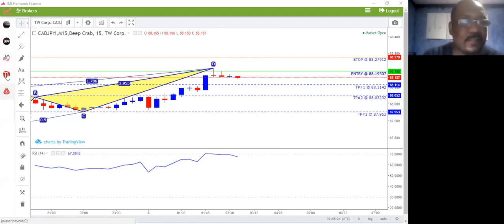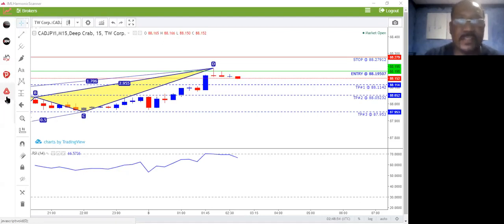Just for background, we do not get any commissions from these brokers, we do not get a cut of anything, and we do not recommend one over the other. It is purely your decision which broker you use. But whatever broker you use, use the corresponding broker on the Harmonic Scanner with who you have in your MetaTrader 4, which is the application used to execute the trades.